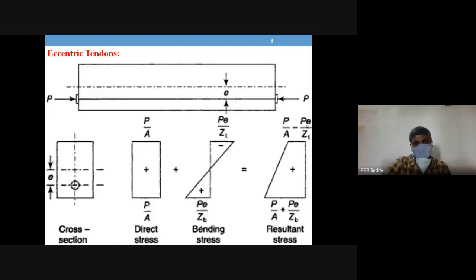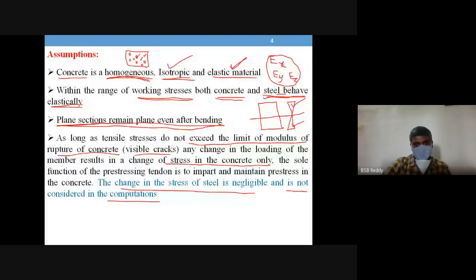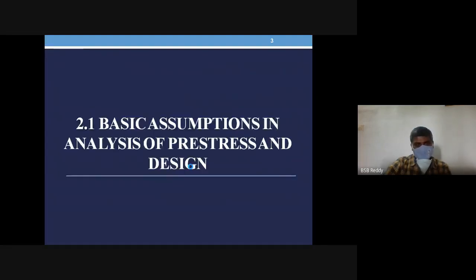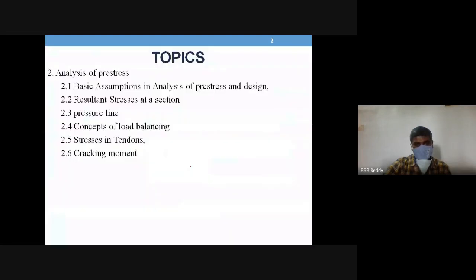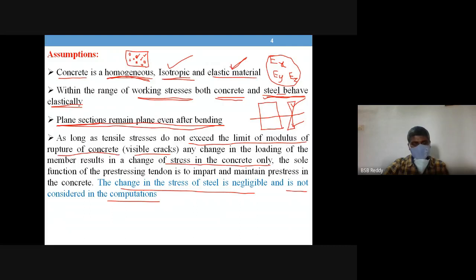We'll see the rest of the things in the next session. This session is mainly to introduce you to the analysis of pre-stress topics, what topics we are going to discuss in this unit 2, and what assumptions we have made to analyze the pre-stressed concrete members.